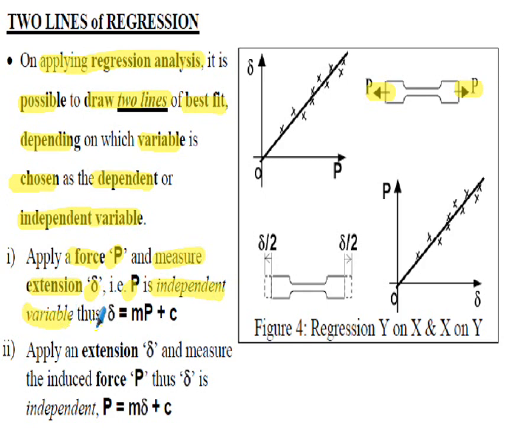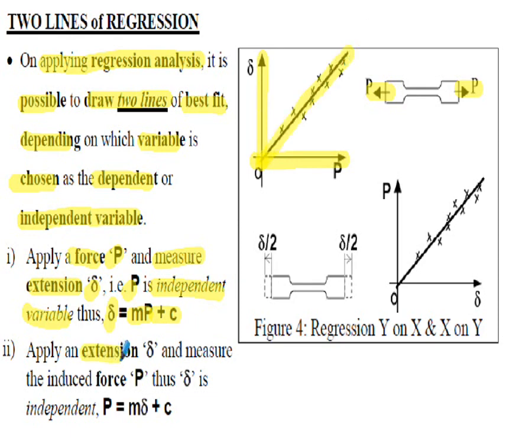And we can write that in the linear form of y equals mx plus c, where in this case delta is equal to m times P plus c, where the x is the P, the applied load, and the y is the delta. And the relationship between them is the linear line.